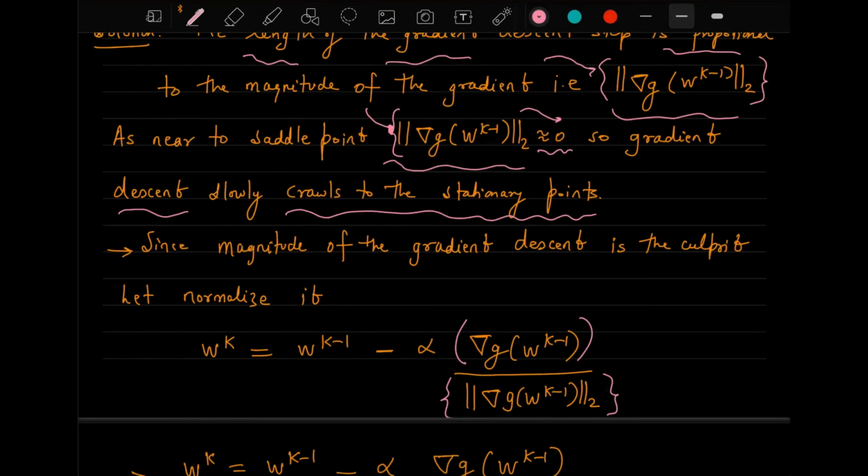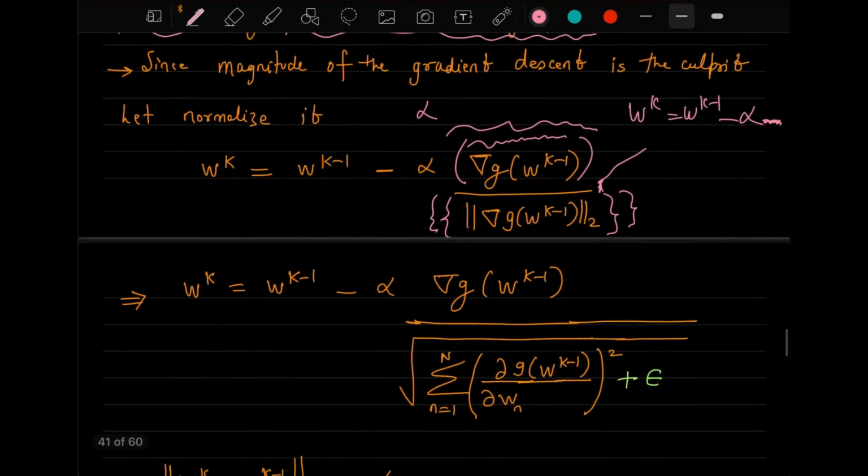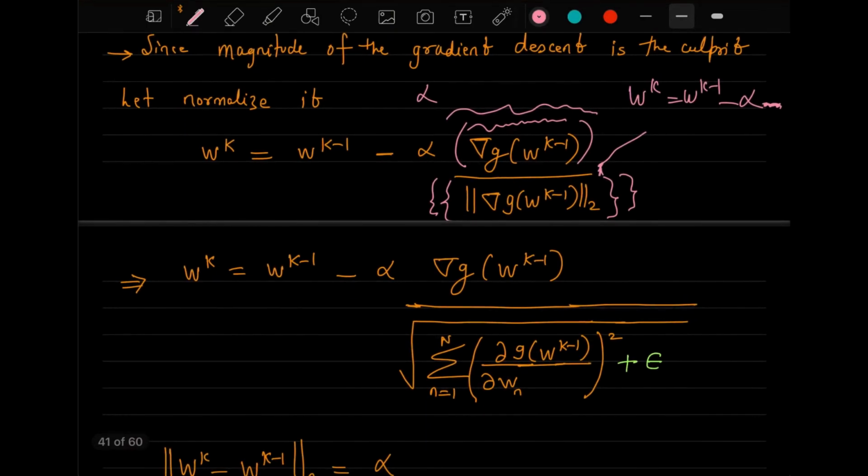So you are dividing the gradients by their magnitude, and that will create a unit vector. If it is a unit vector now, then you have only alpha. So it will be wk equal to wk minus 1 minus alpha times the unit vector. This is actually now unit magnitude because you have divided it by the magnitude of that vector. So if you want to write it in this way, you can write it like this.